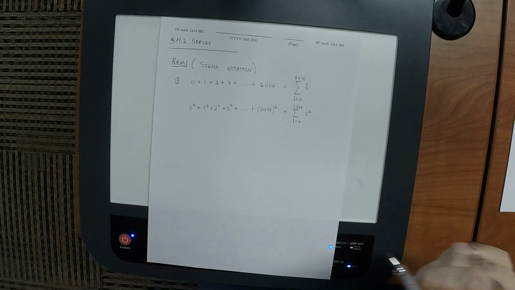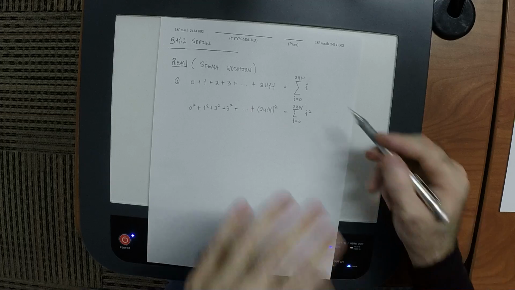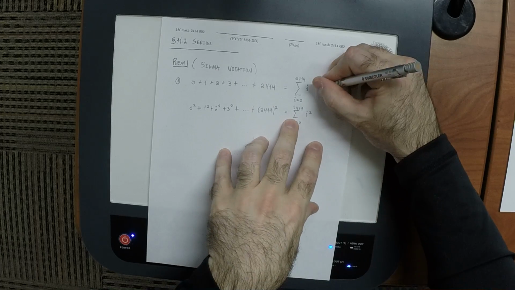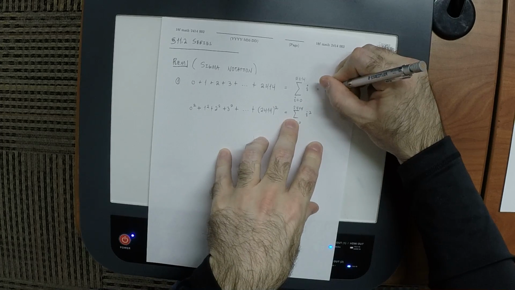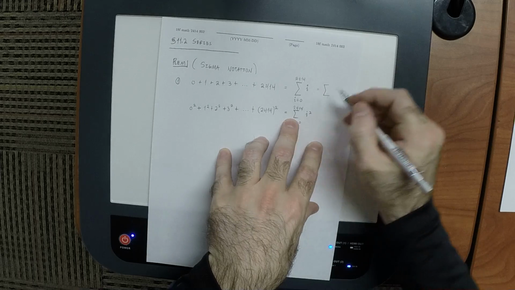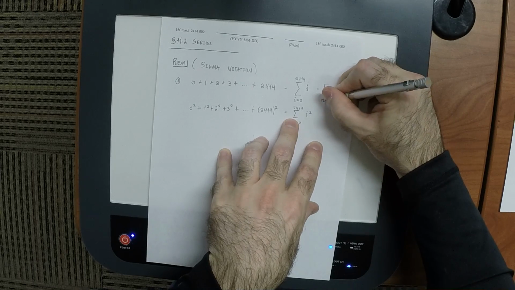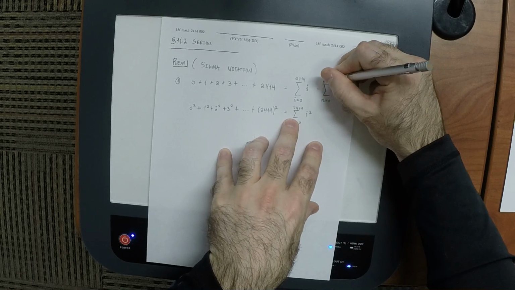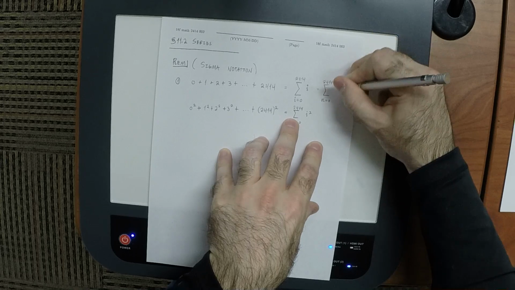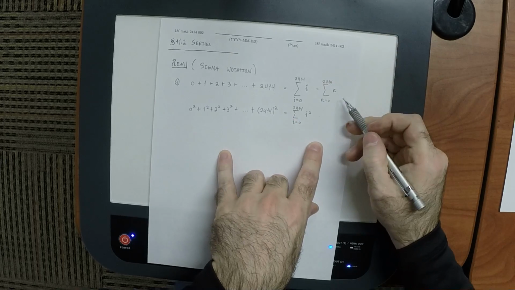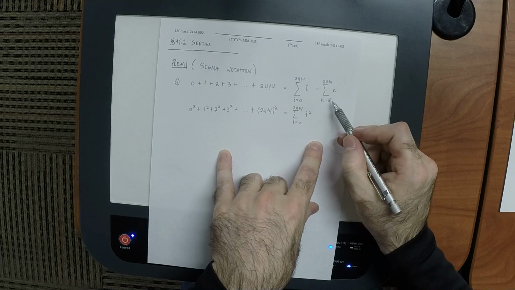Okay, so now I have a question. What if I say the sum from, instead of i is equal to 0, what if I say n is 0 to 2,414 of n there? So are those the same?